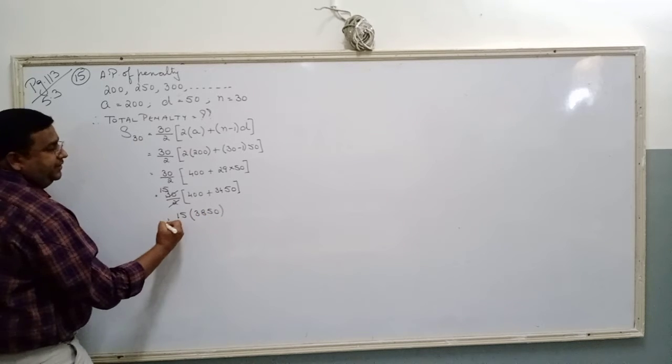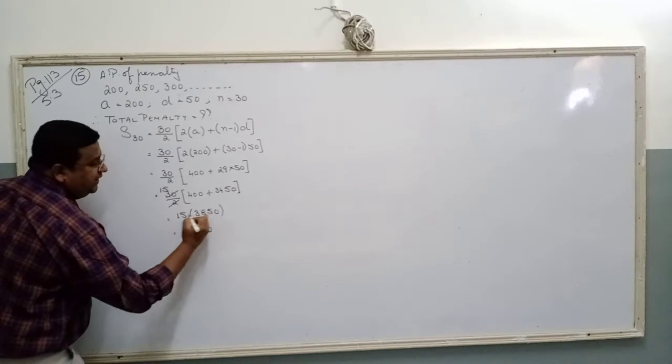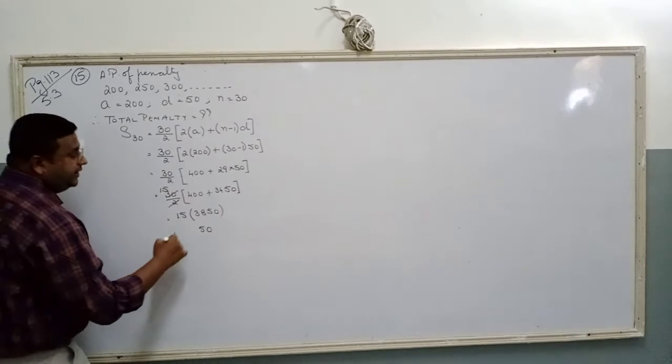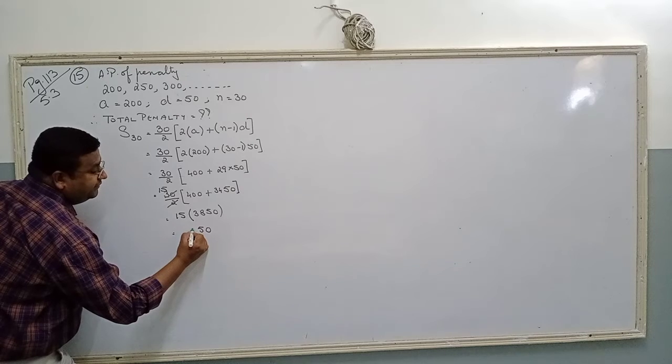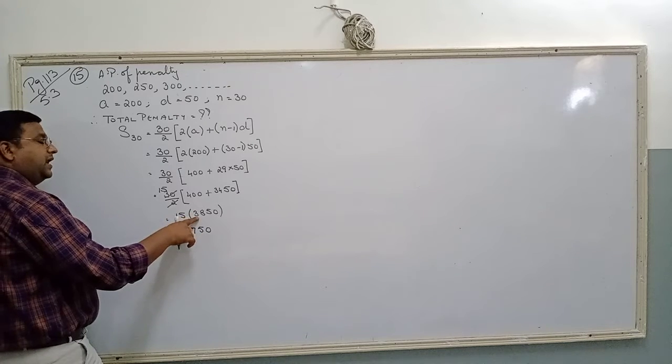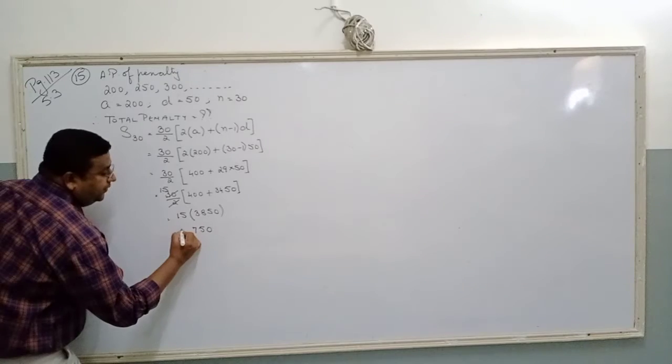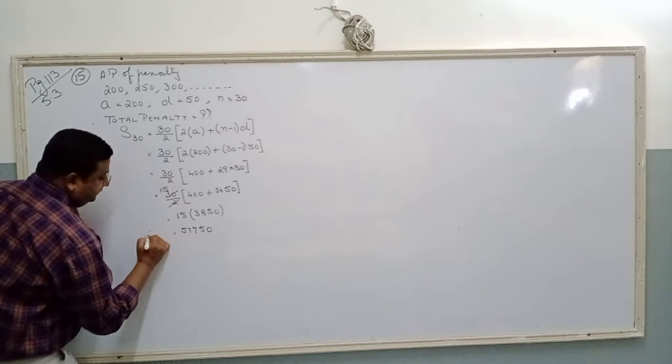Can we multiply? 15 zeros are 0, 15 fives are 75, carry 7, 15 eights are 120 and 7, 127, carry 12, 15 threes are 45, 45 and 12, 57.